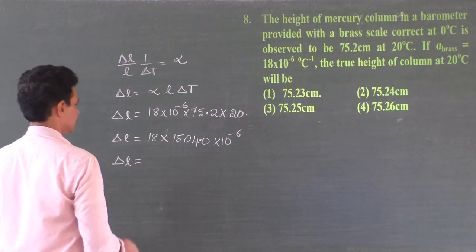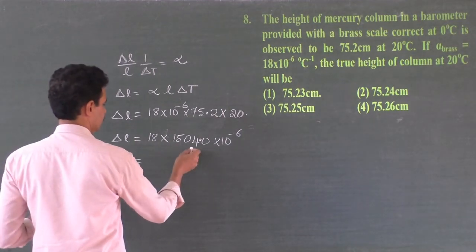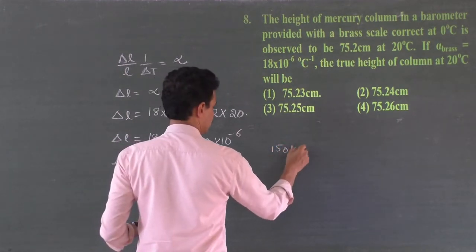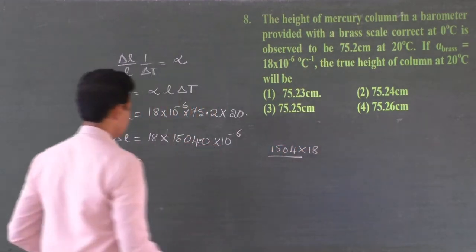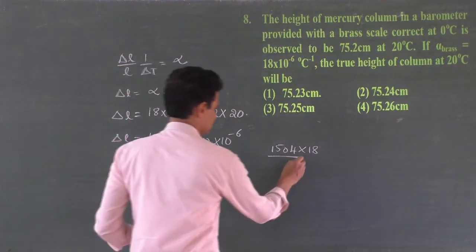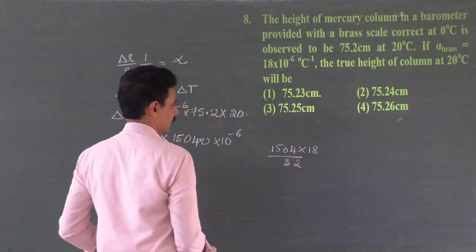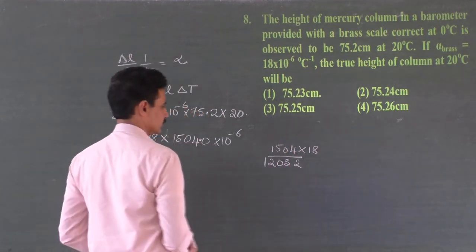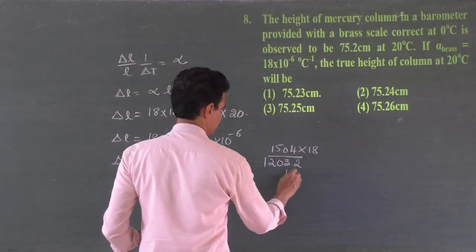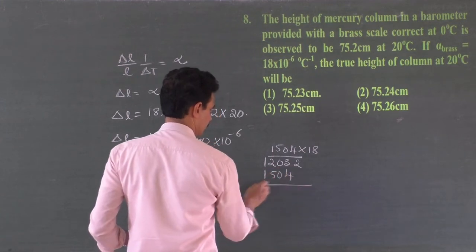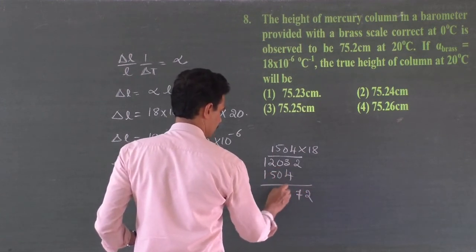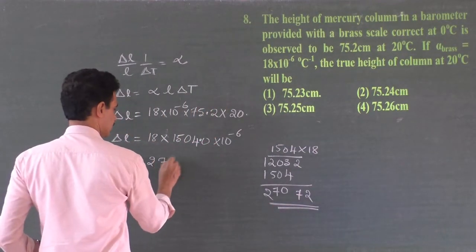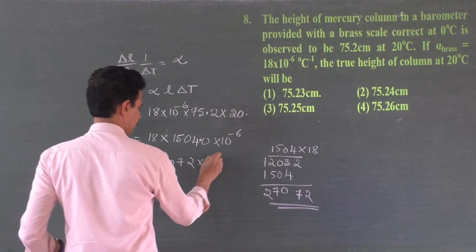So 1504 into 18, that's what I have to do: 32, 40, 112, 12, 14051, 27072. So here it is 27072 into 10 to the power minus 6.